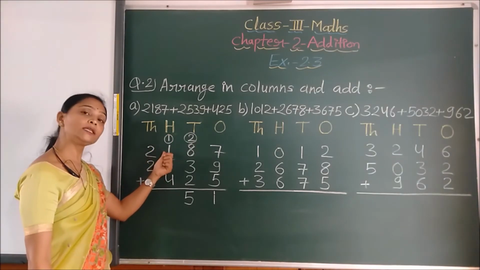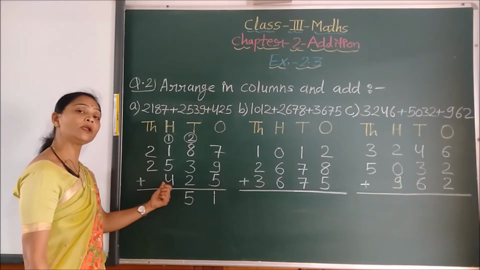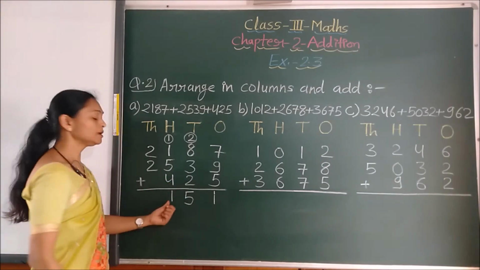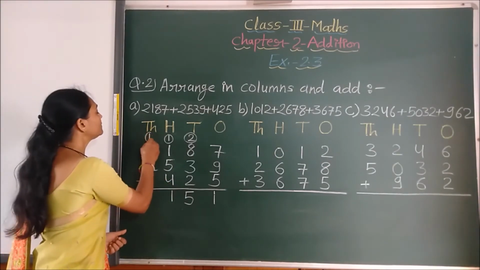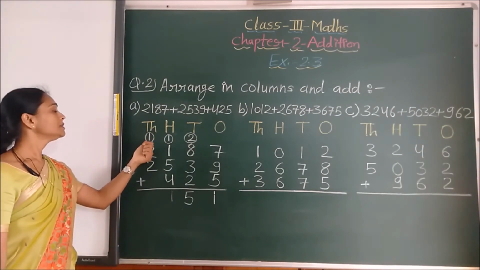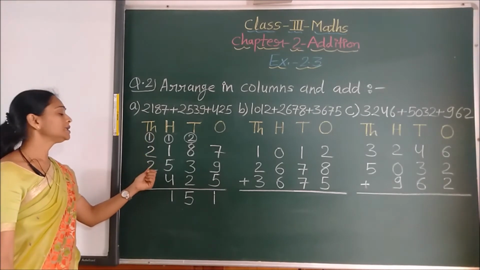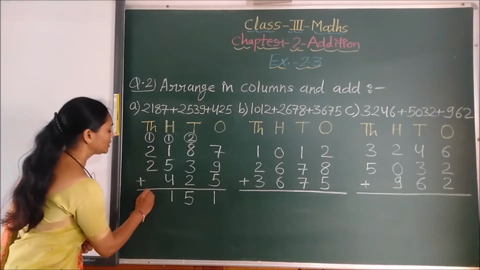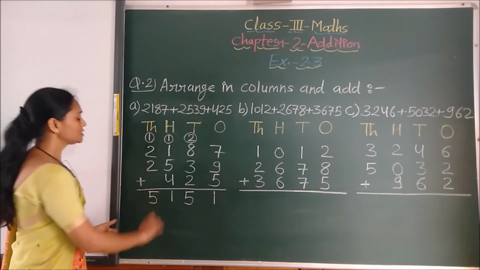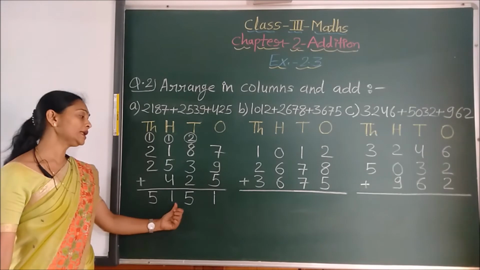Now 1 plus 1, 2, 2 plus 5, 7, and 7 plus 4, 11. So we got here 1 and 1 carry over. Then 1 plus 2, 3, and 3 plus 2, 5. So we got here 5. So this way we got this number, 5,151.